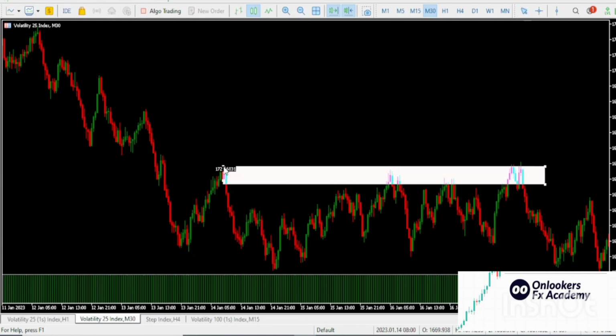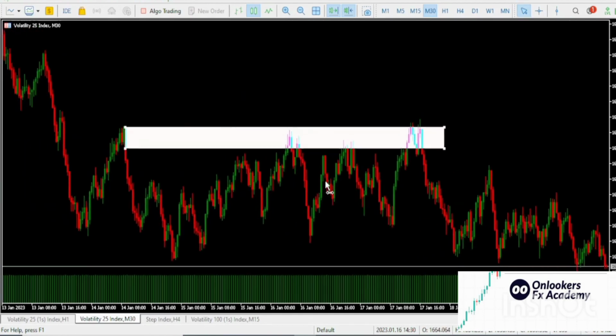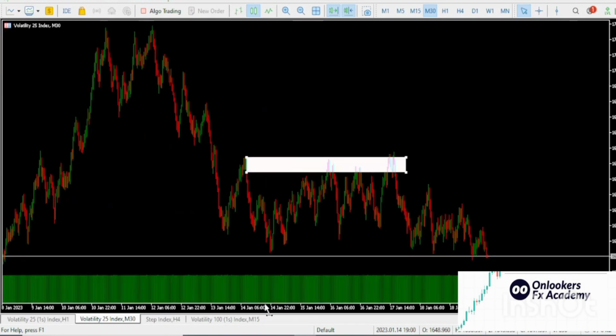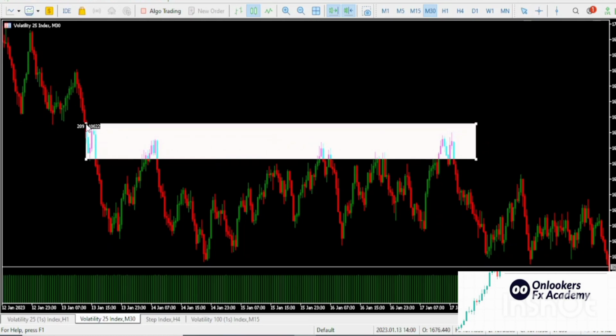If we were to follow our retail knowledge, we'd say this is our resistance level. No, you don't do that when working with order blocks. You call this your OB. When I say OB, I mean order block. We have to mark another OB.